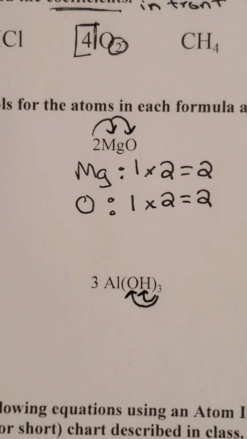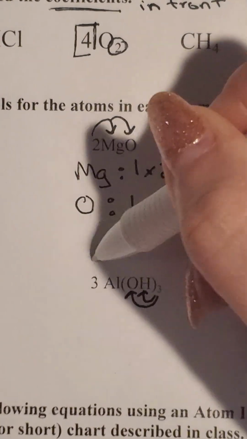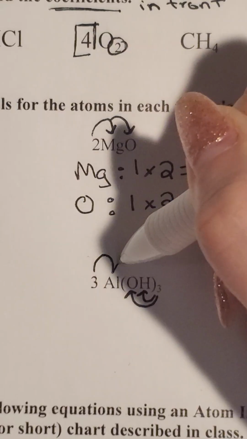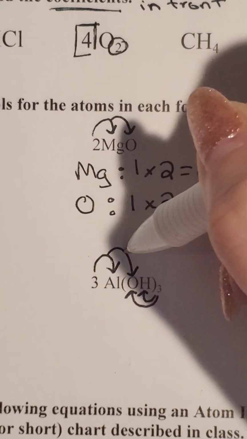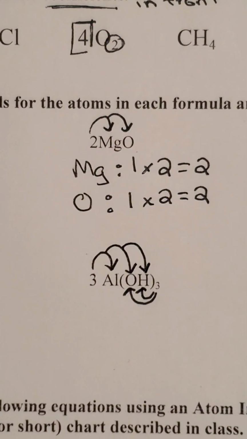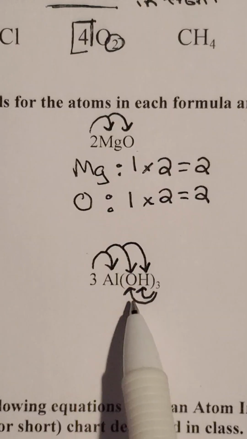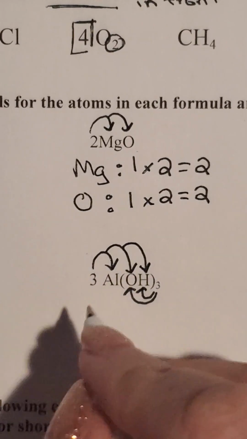So in our case, that 3 applies to the oxygen, O, and the hydrogen, H. We also have a coefficient in front. So the coefficient, because there's no parentheses or anything like that, we distribute to every single element. So we have two different numbers influencing my oxygen and two different numbers influencing my hydrogen.